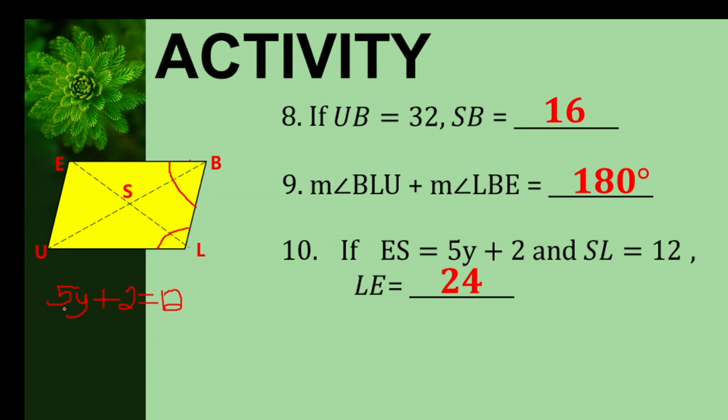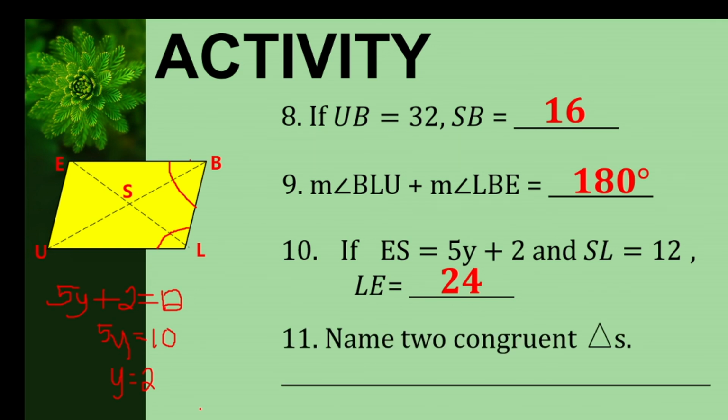So therefore, 5y plus 2 is equal to 12. Therefore, we are going to have 5y is equal to 10. Simplifying further, it will give us y being equal to 2. Substituting 2 as a value of y, we have 5 times 2 is 10 plus 2, so that is equal to 12. So 12 plus 12, therefore LE is equal to 24.